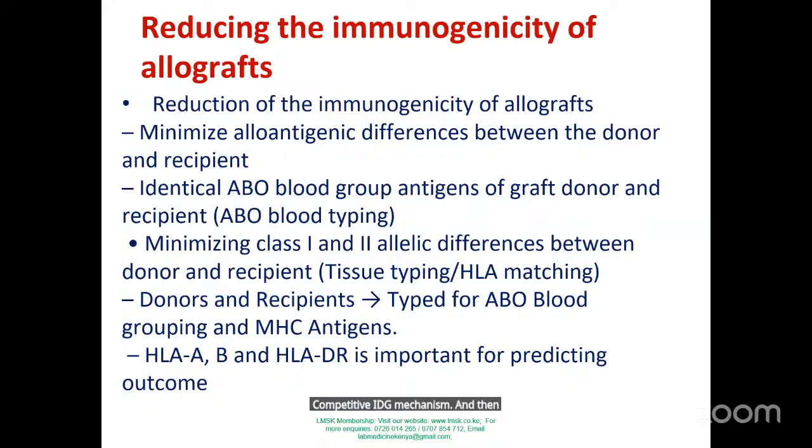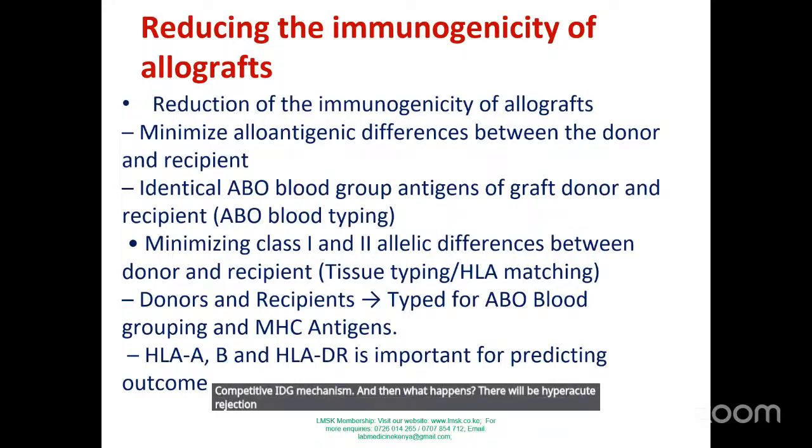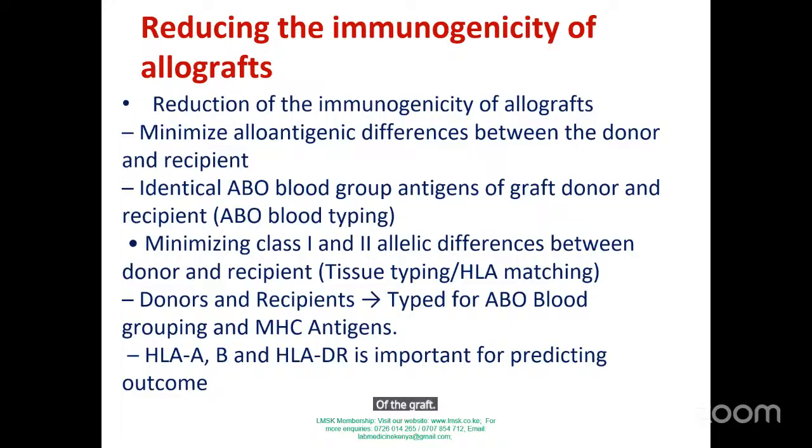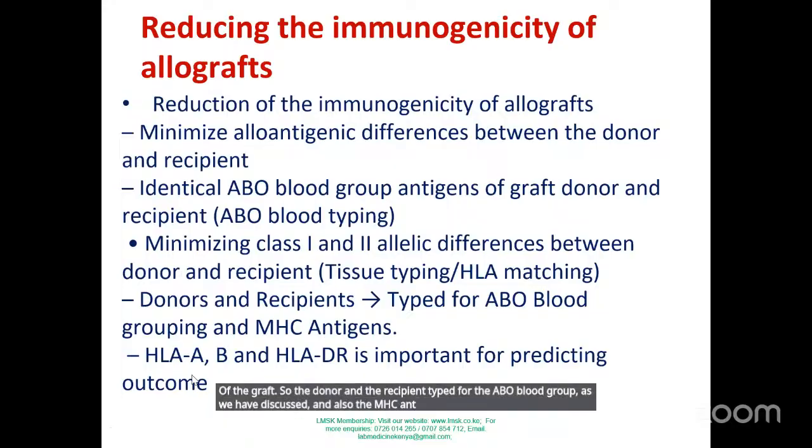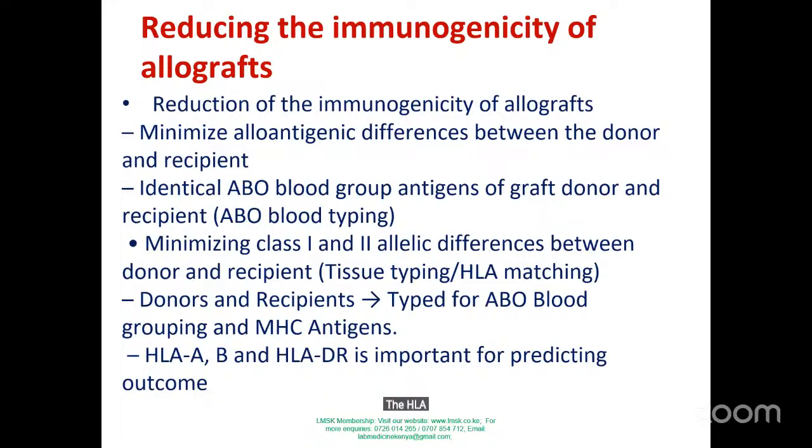Then there will be hyperacute rejection, almost immediately, within minutes of the graft. So the donor and the recipient are typed for the ABO blood group, as we have discussed, and also the MHC antigens. The HLA that are normally typed are HLA-A, HLA-B, and HLA-DR for predicting the outcome.